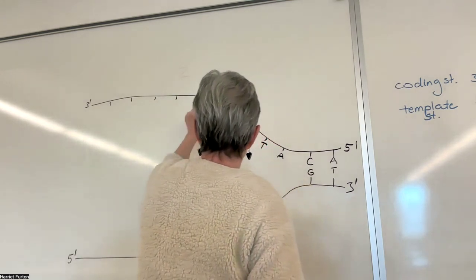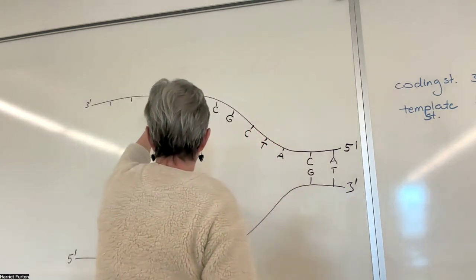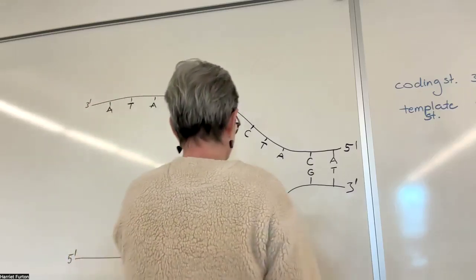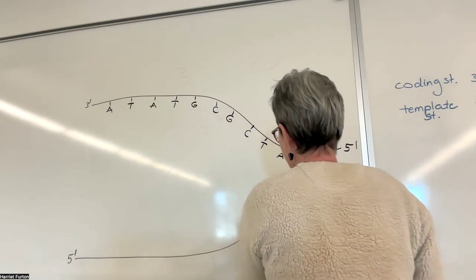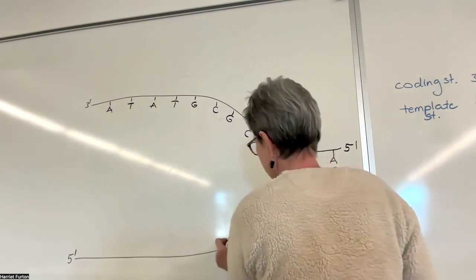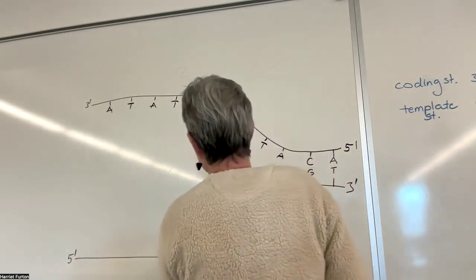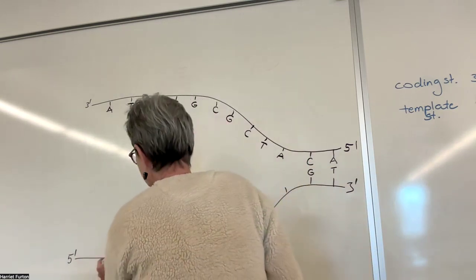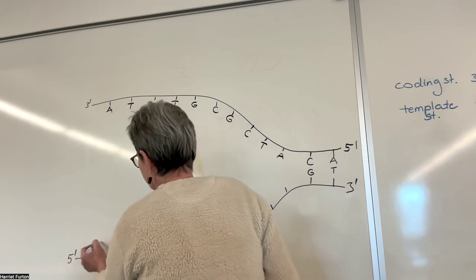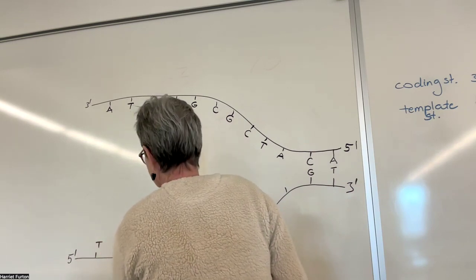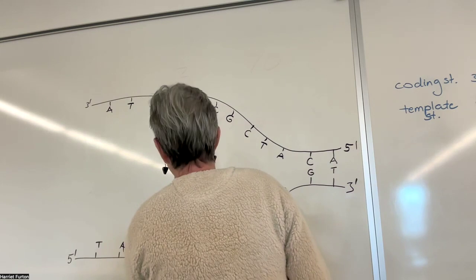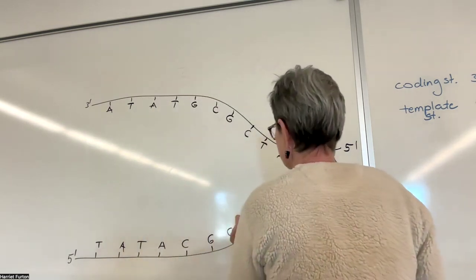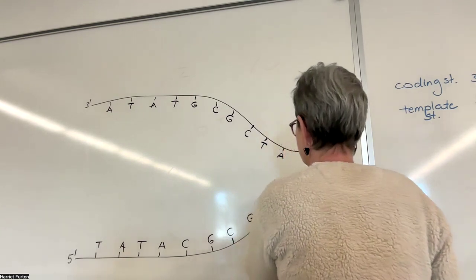C, G, C, G, T. Okay, and in here, now I have to be careful and match the pairs up. T, A, T, A, C, G, C, G, A, T.